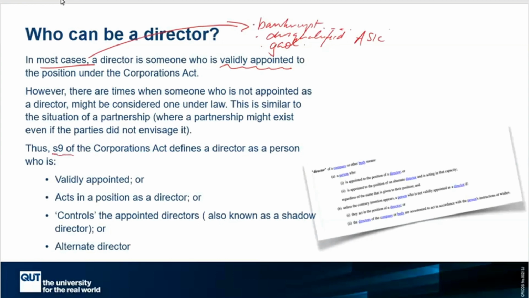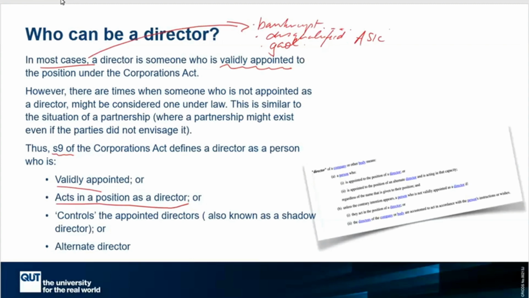When? Section 9 of the Corporations Act sets out that you are a director if you're validly appointed, or if you act as if you're a director. Now, I don't know why you'd want to do this, but imagine you walk around pretending to be a director of BHP. In fact, you're so good at pretending that people would realistically believe you're a director of BHP.